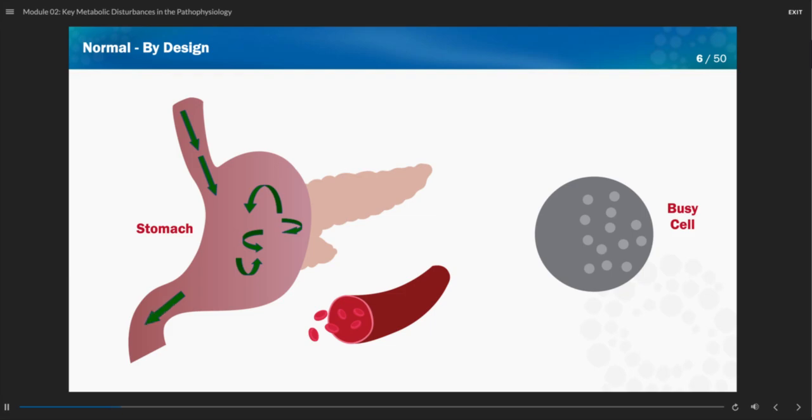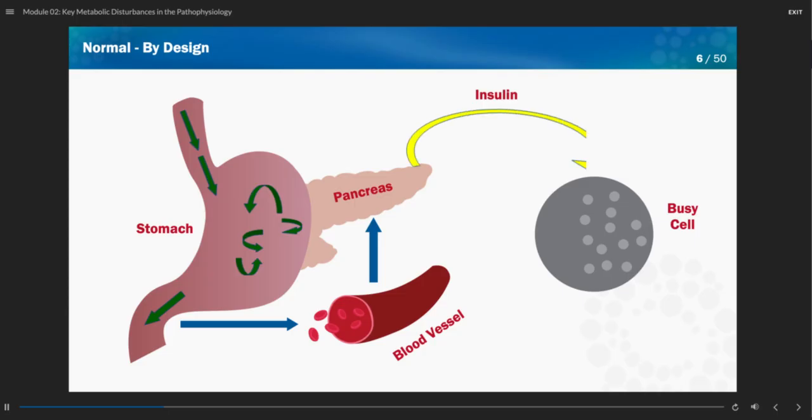From there, it's absorbed into the blood vessels. Blood vessels go throughout the body. Some of them will go past the pancreas, and the pancreas will respond to that by making a messenger hormone that we call insulin. This is a normal physiologic response for a busy cell.